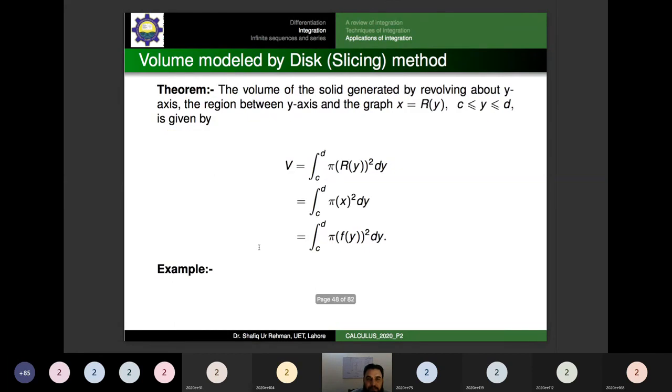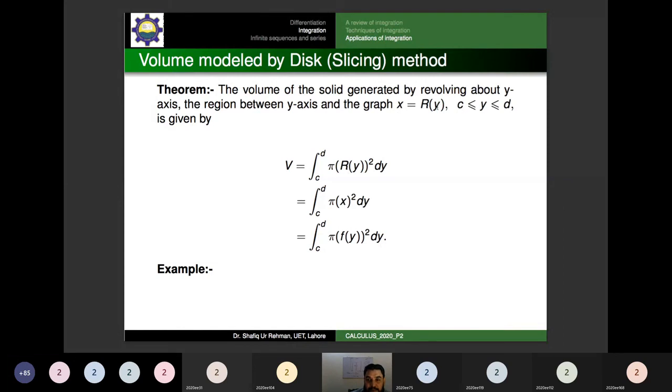Second formula, you can look into that yourself. I mean, if you look into the graph along the y-axis, just like we discussed in the last lecture, the second one you can do yourself. The volume of the solid generated by revolving about the y-axis the region between the y-axis and the graph, with x as a function of y over the interval from c to d, is given by this formula. So V is equal to pi x square.